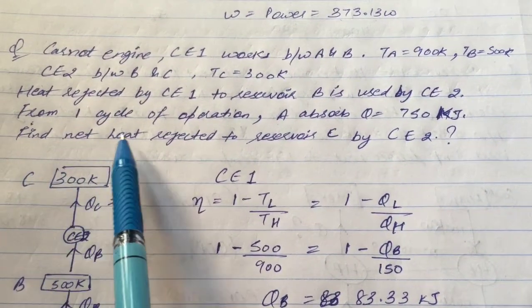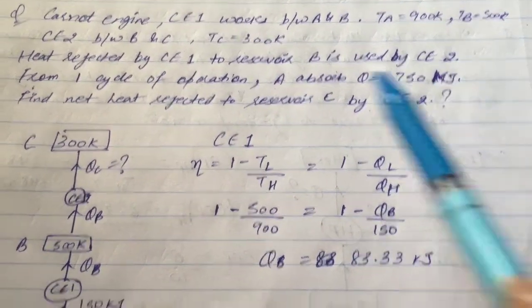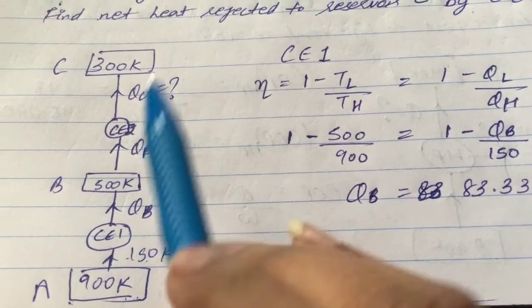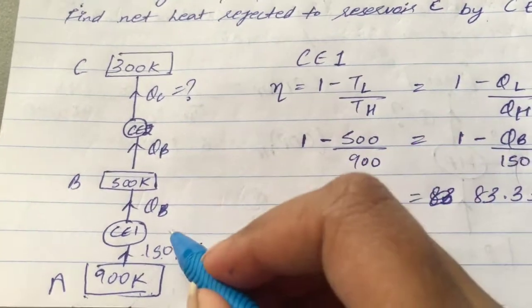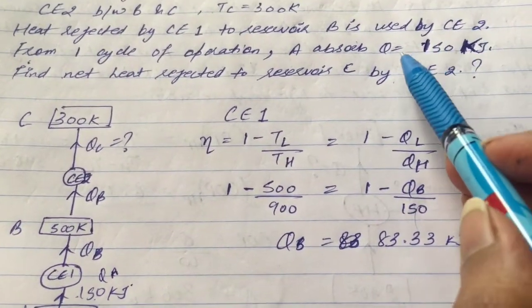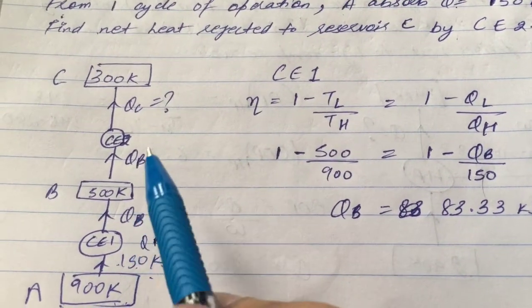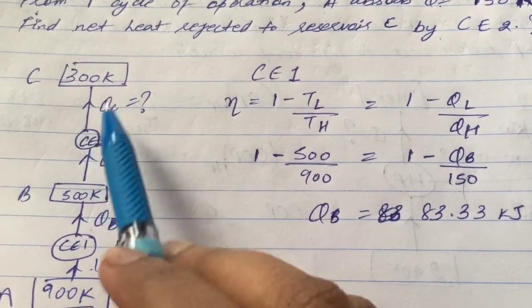We have to find net heat rejected to reservoir C by Carnot engine 2. So reservoir A has 900 Kelvin, B at 500 Kelvin, C at 300 Kelvin. QA is given to us as 150 kilojoule. Sorry, in the question QA was 150 kilojoule, and QB we have to find, and QC we have to find.